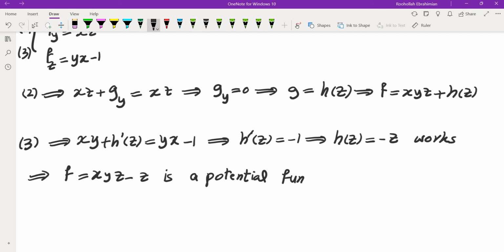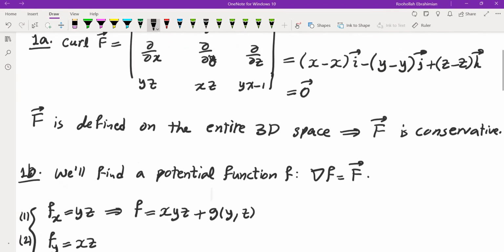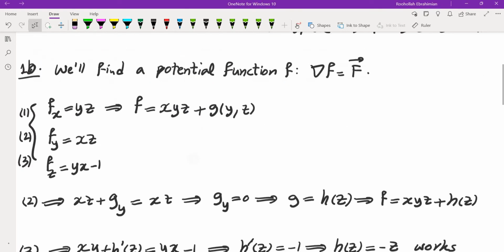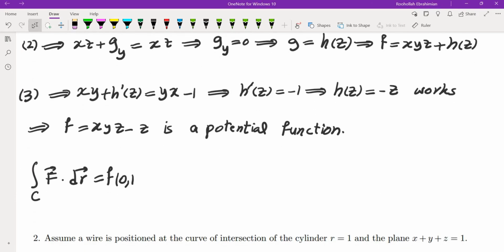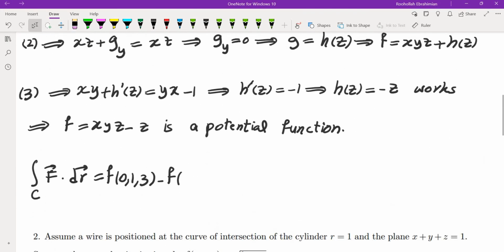Now that we found one potential function, we can evaluate the line integral by evaluating this at the endpoints. So the integral of F dot dr is going to be f of the terminal point, which is (0, 1, 3), minus f of the initial point, which is (1, -1, 2).